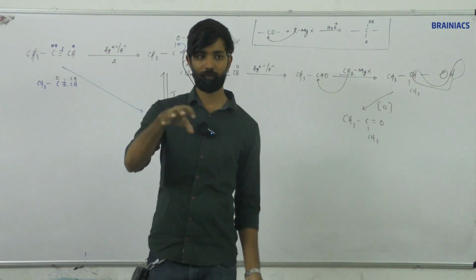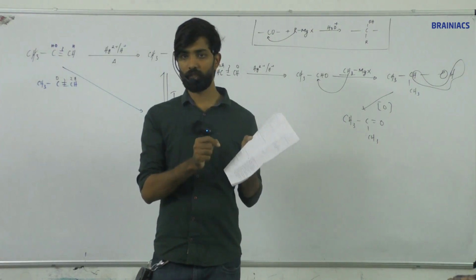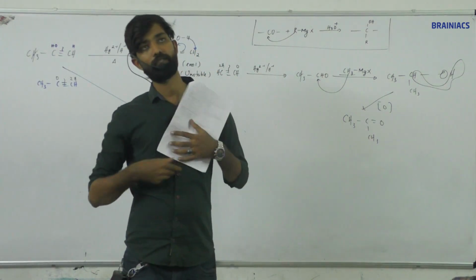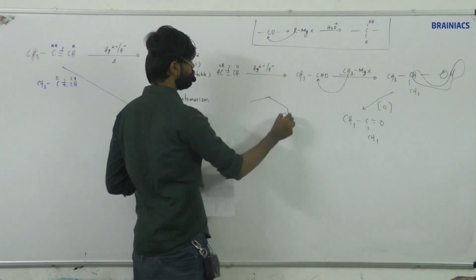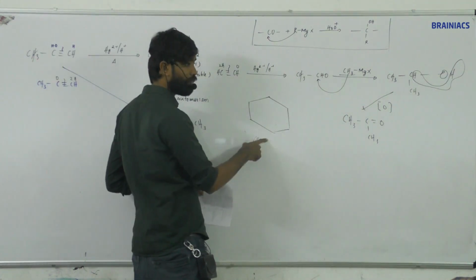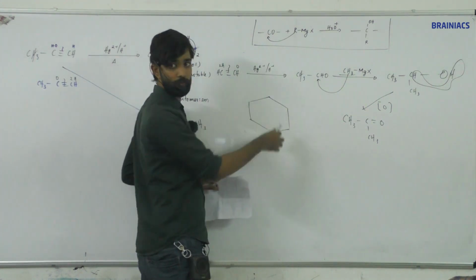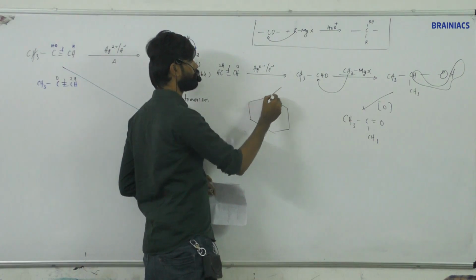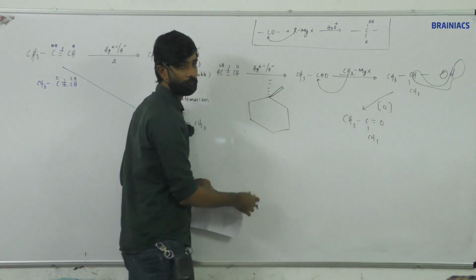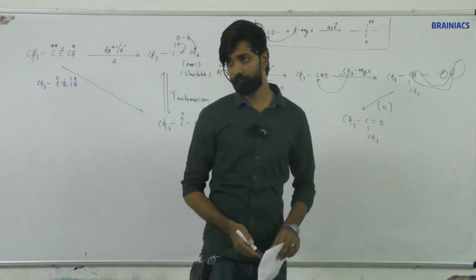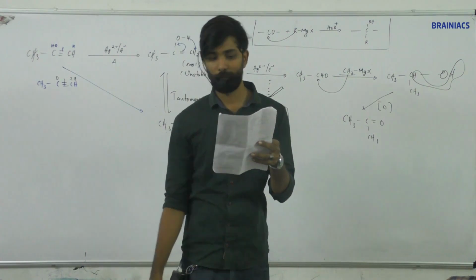Some bonds are in space. Actually, in cyclohexane, these dark valences are in plane, but the next are out of this plane. That's why we show this in wedge and dash, because that is an sp3 carbon. Ready? So B is not coplanar.